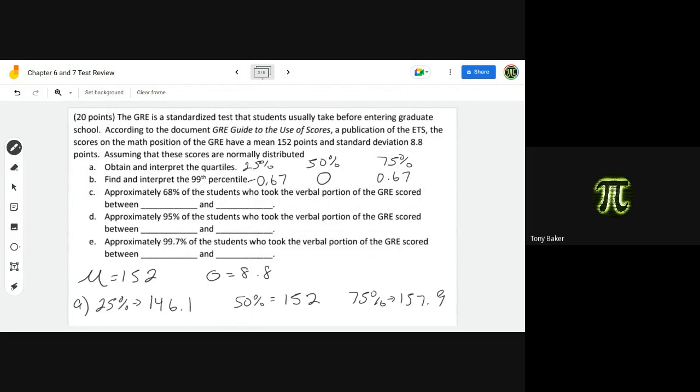All right. Any questions with finding the quartiles? Yes. So remember, the z-score basically tells you how many standard deviations, right? So we're taking this 8.8 and multiplying it by the 0.67. And then we're adding and subtracting it. So subtract to get the 146.1, add it to get the 157.9.